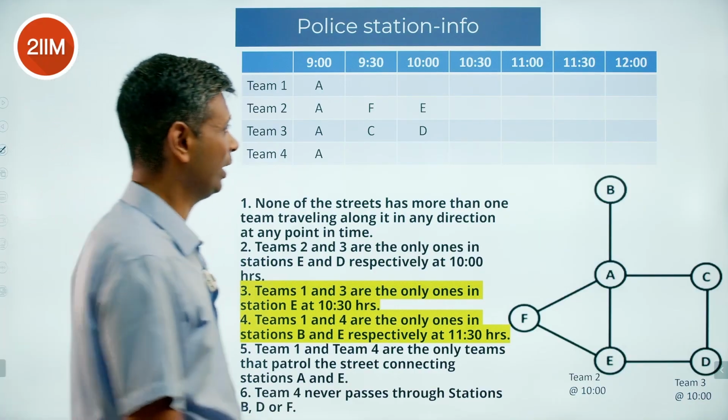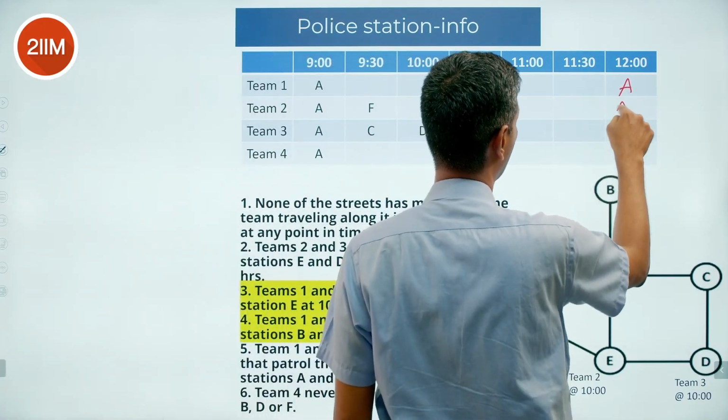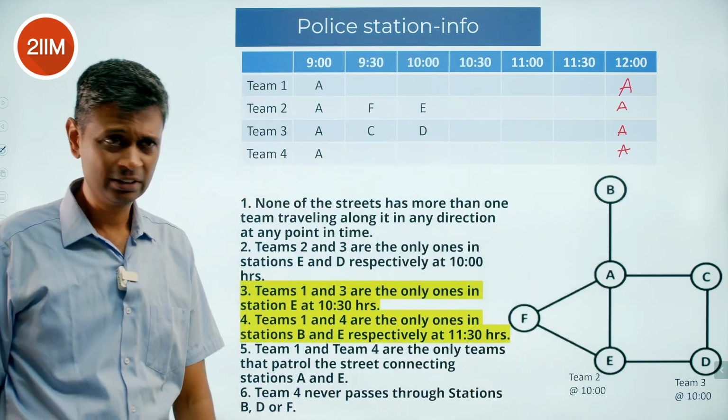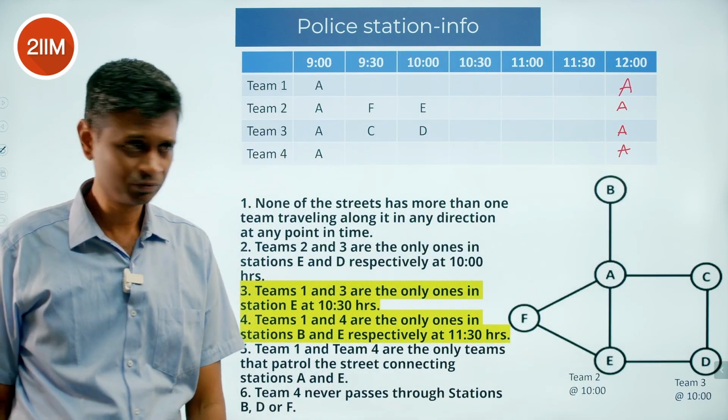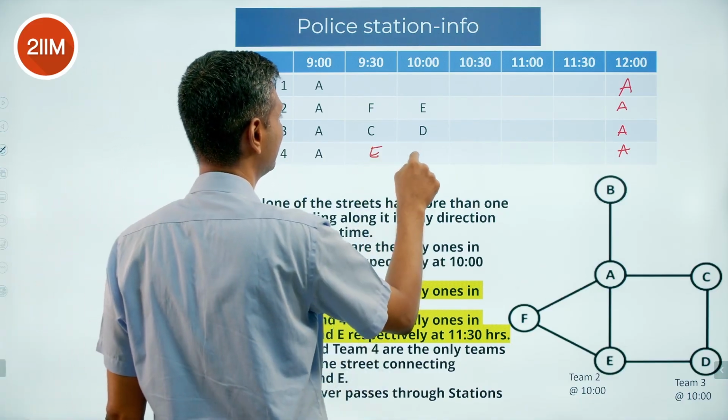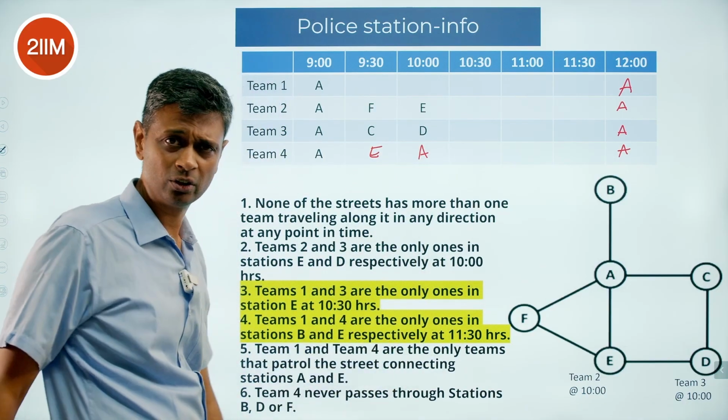They all come back to A. So this is A. Team 2 has necessarily done A, F, E. Team 3 has done A, C, D. Team 4 has done A, E, A, because it couldn't have gone to C.